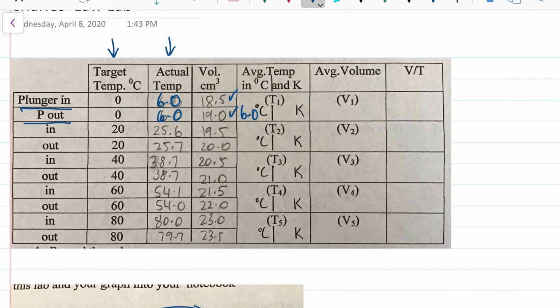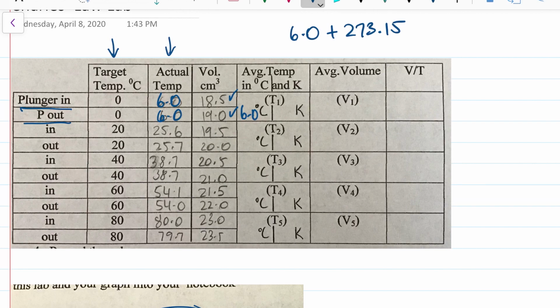And then I have to convert to Kelvin. We're not going to worry about sig figs until the very end, and then we're going to do all our answers to 2 sig figs to have continuity, okay? So my actual temperature was 6.0. To convert that to Kelvin, I say 6.0 plus 273.15, and I get 279.15, or just 279.